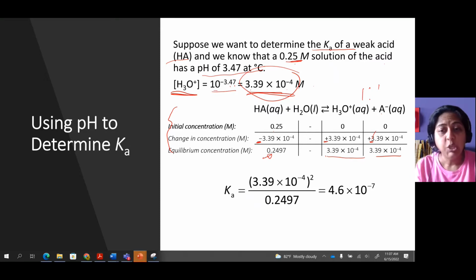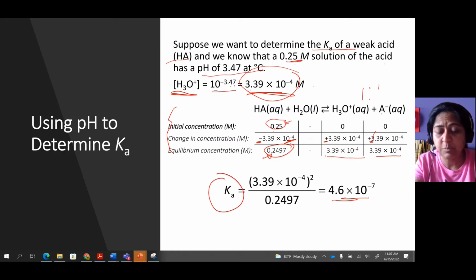You can either use this value or the initial value too, because this value is really small compared to the initial concentration of the acid. So when you plug these values into the equilibrium constant expression, you can calculate the Ka.